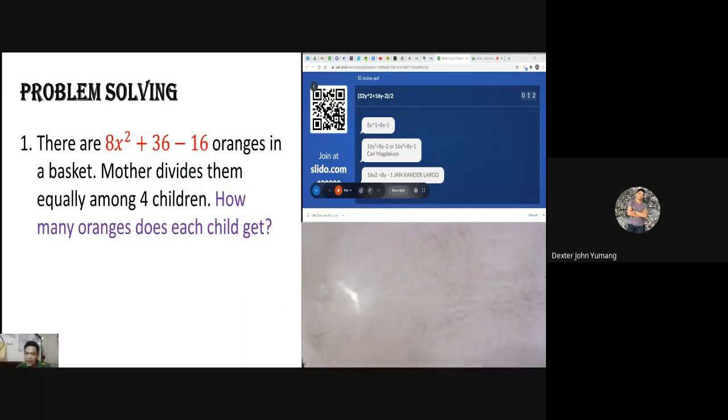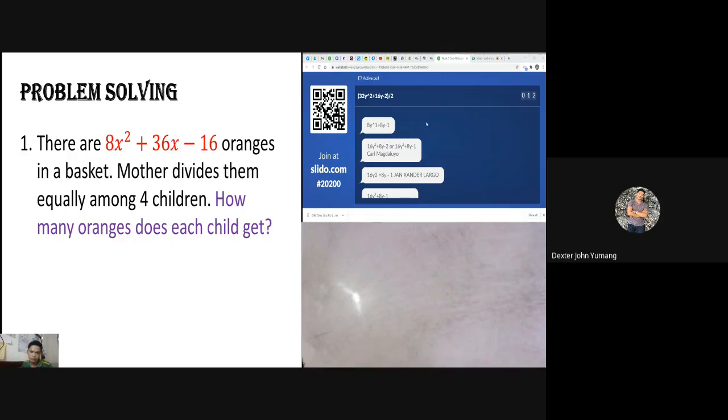So there are 8x squared plus 36x minus 16 oranges in a basket. So mother divides them equally among 4 children. How many oranges does each child get?